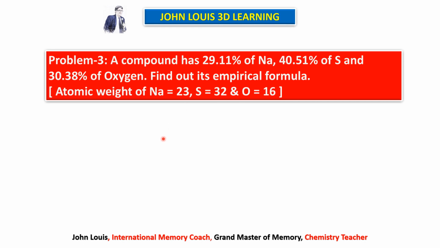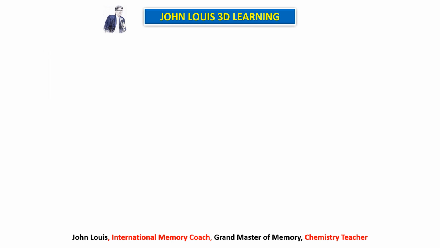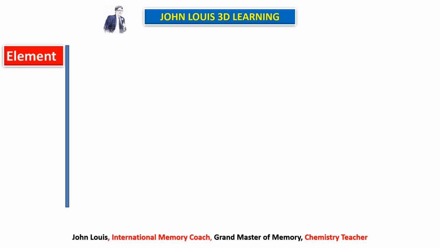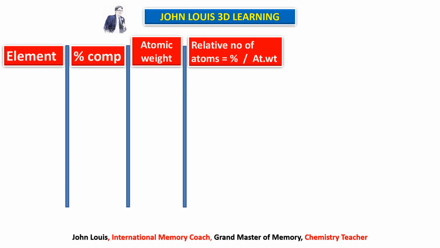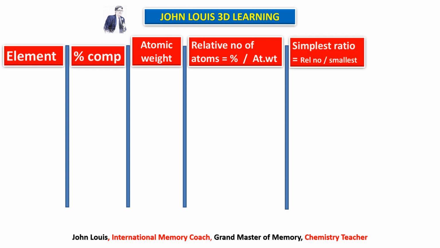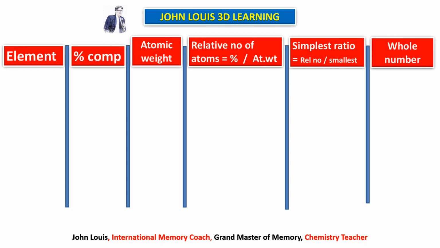Now let us work out this sum in the same way. So first is element, second one is percentage composition, third is atomic weight, fourth one is relative number of atoms, fifth one is simplest ratio, and the last one is whole number. So here there are 3 elements, no? Sodium, sulfur and oxygen.